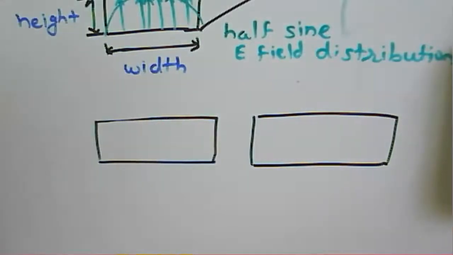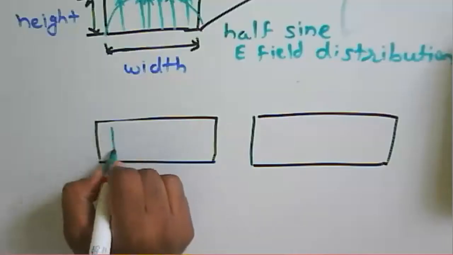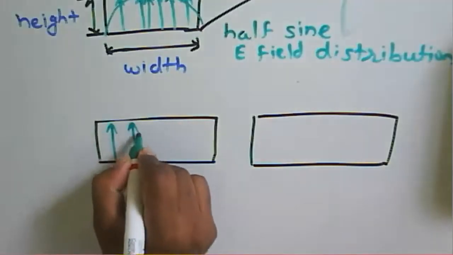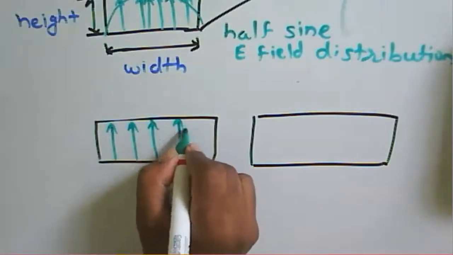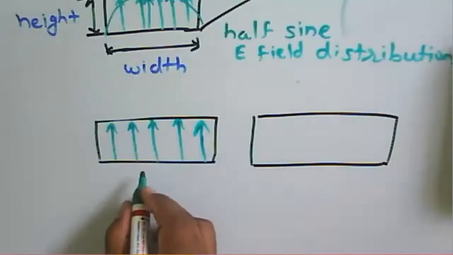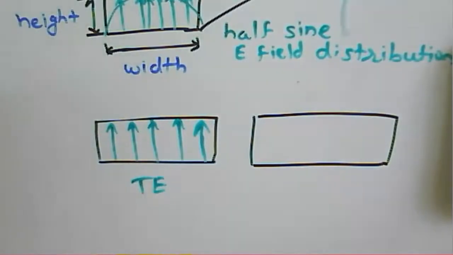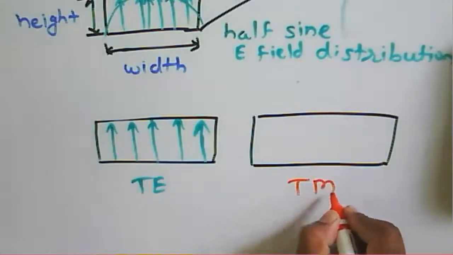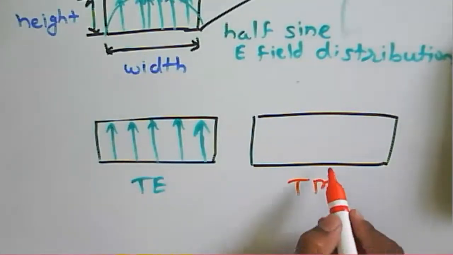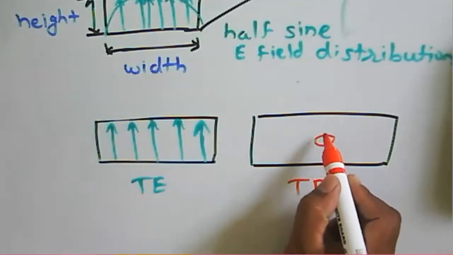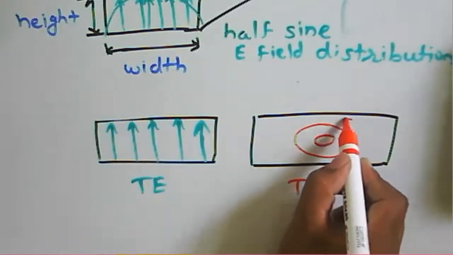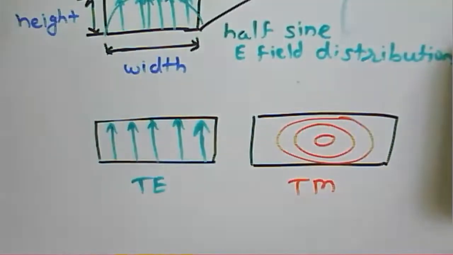In this case, we have transverse electric propagation, that is TE propagation, and transverse magnetic propagation, that is TM propagation. So the area field distribution is likewise.